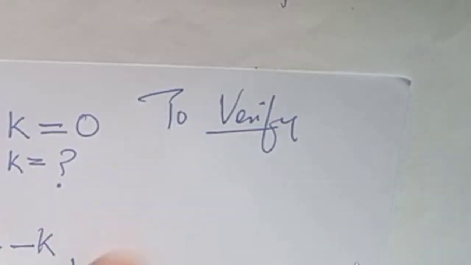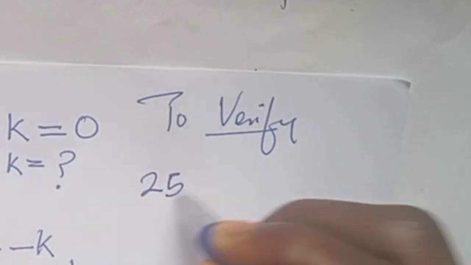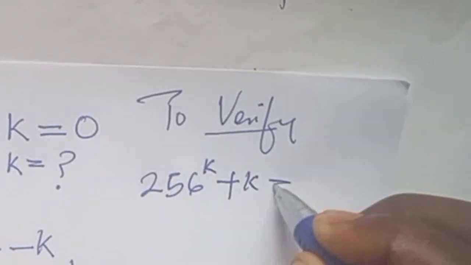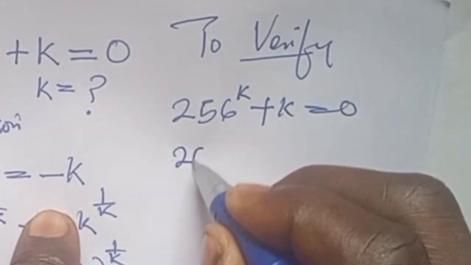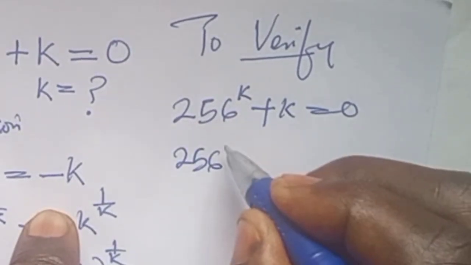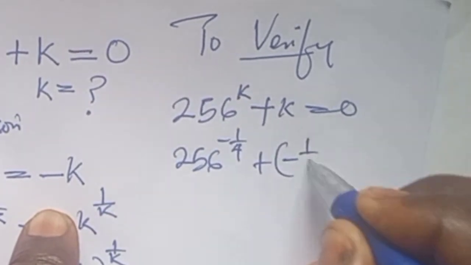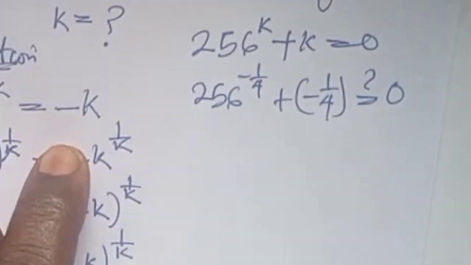And to verify if the value satisfies the equation, from our original equation, 256 to the power of k plus k equals 0, so that 256 will be to the power of minus 1 over 4, plus minus 1 over 4. Will this be equal to 0?